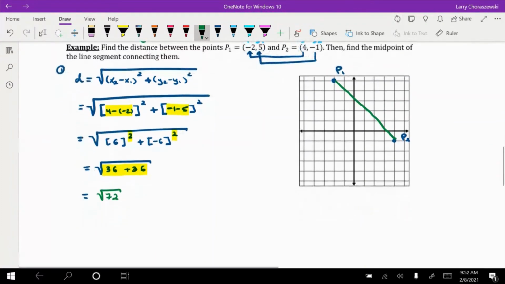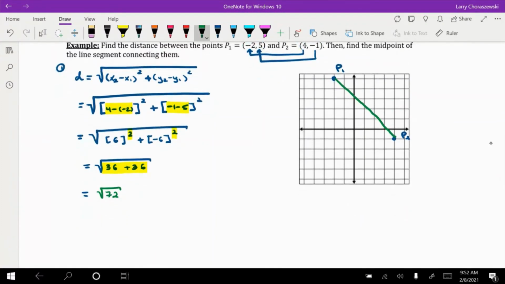And if this square root simplifies, which this one does, then you're going to see the simplified version in MyMathLab or on an exam instead of the square root of 72. And it does simplify because you can write that as 36 times 2 to get 6 radical 2.